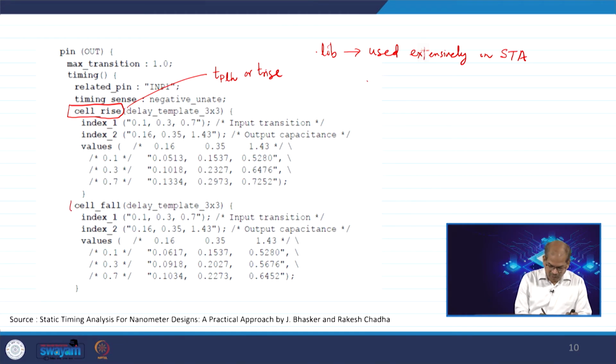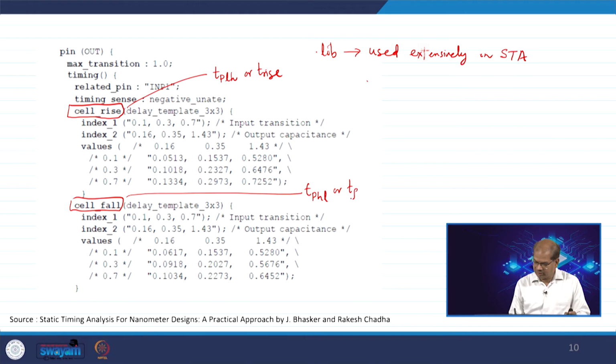Similarly, cell fall is basically your Tp high to low, because your output is changing from high to low, or T fall. So, for a logic gate, these two parameters are characterized a priori before doing the timing analysis of a path.